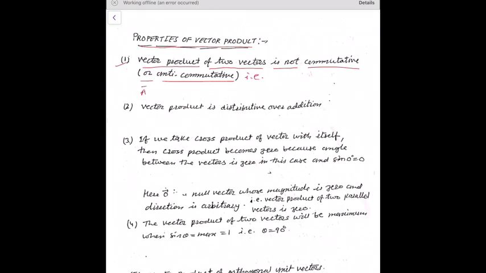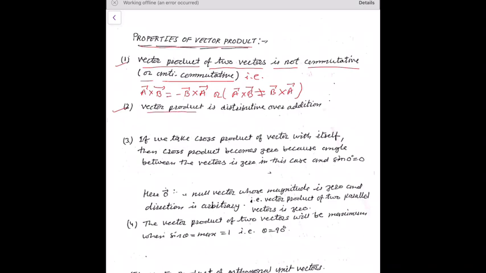That is, A vector cross B vector is equal to minus B vector cross A vector, or A vector cross B vector is not equal to B vector cross A vector.